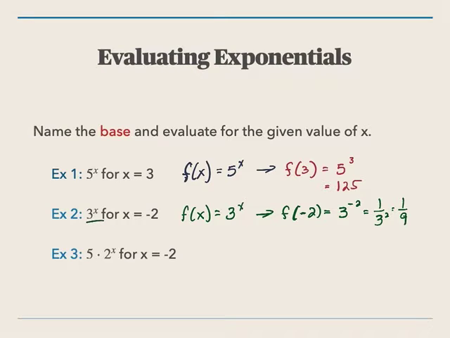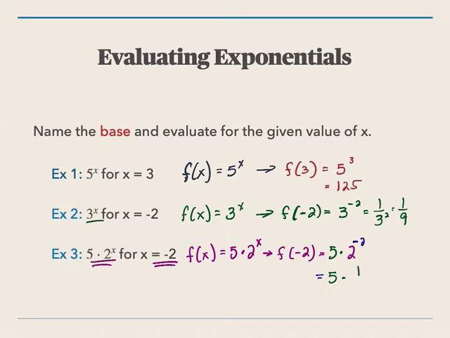And then lastly, f of x equals 5 times 2 to the x. We are supposed to find f of negative 2. That's what our x value is. So that's going to be 5 times 2 to the negative 2 power. When you evaluate this, you've got to take care of exponents first.